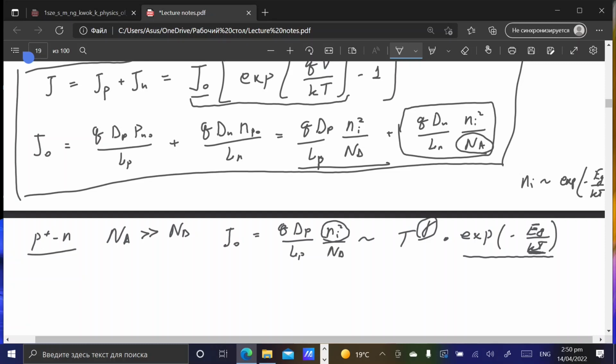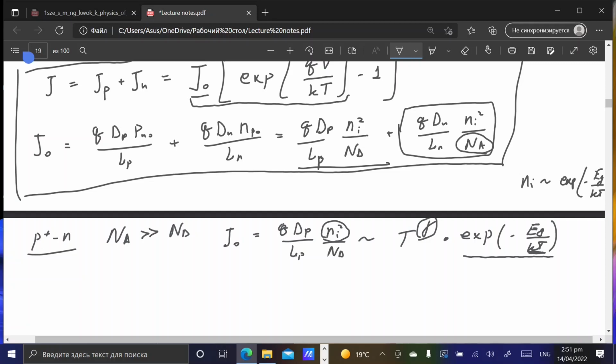So it's another factor which should obviously be taken into account, because a larger band gap allows us, at the same temperature when we don't cool down, to deal with a much lower intrinsic charge carrier concentration, and that gives us a much smaller saturation current, meaning current at reverse bias.